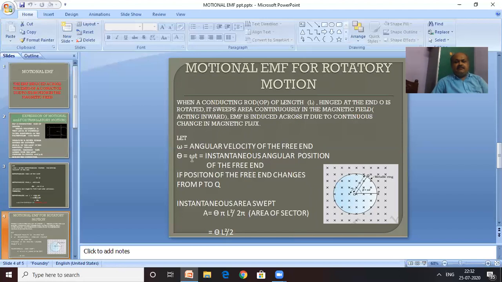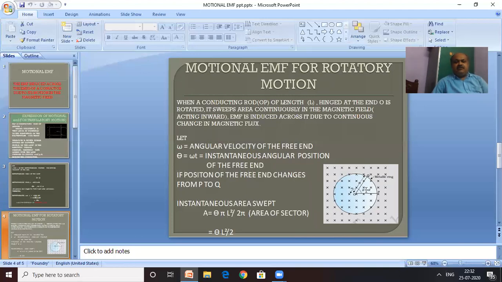Therefore, theta equals omega t, the instantaneous angular position of the free end. If the position of the free end changes from P to Q, then the instantaneous area swept by the conducting rod will be equal to the area of this sector.